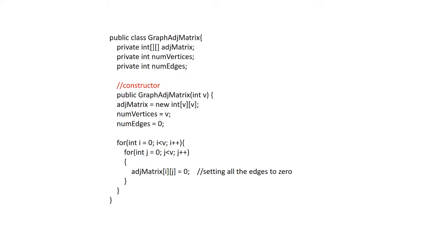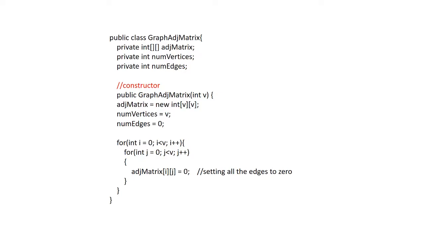Now the first code we have right here is the matrix class itself. This class will store the table itself, the number of vertices and the number of edges. We start off with the constructor. In our main class, we will input how many vertices we would like, and this will be the size of the matrix.